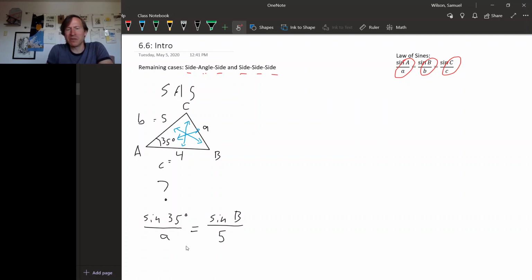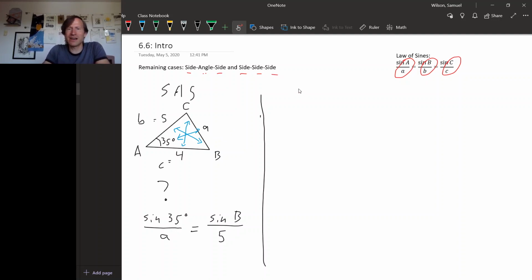But you can see the problem here. We get an equation, but it's an equation with two unknowns, and so we aren't going to be able to find either unknown. And the same thing happens if you try to use the version of the law of sines with A's and C's or with B's and C's. No matter which version you use, there's always two unknowns, and so you're never going to make any progress on solving this triangle. Okay, that's a bit of a disappointment.